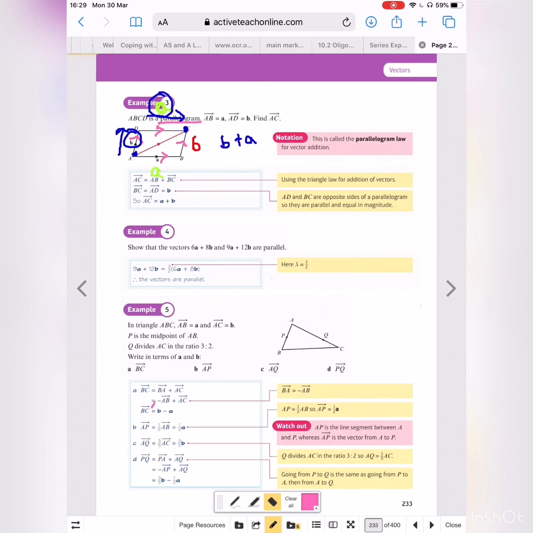Well, what you can do actually is just use what you've previously had in the question. So P to Q is there to there.